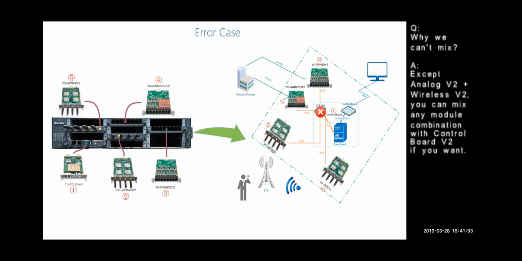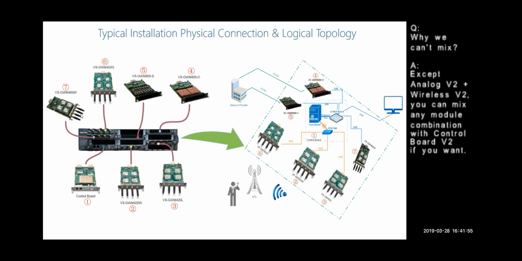For example, V1 analog and V2 wireless is okay. V1 analog and V2 analog is okay. And V1 analog and V1 wireless is okay. No problem.